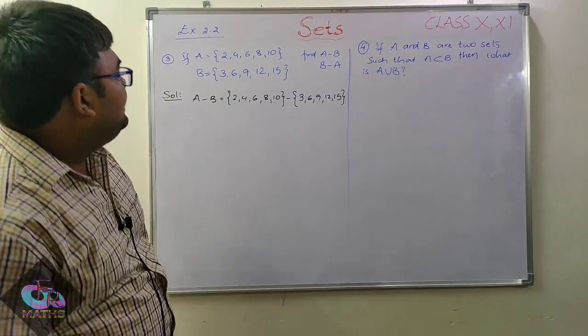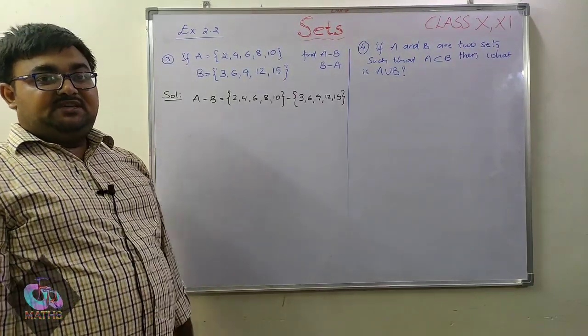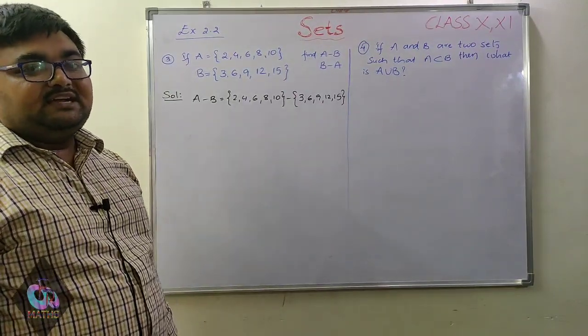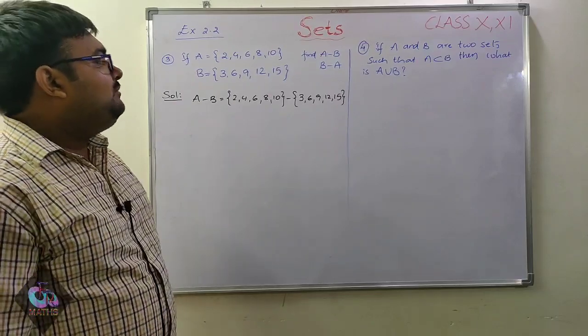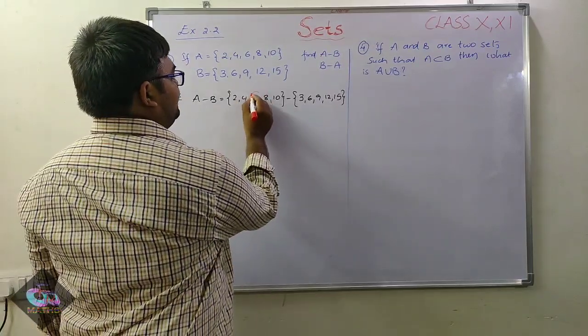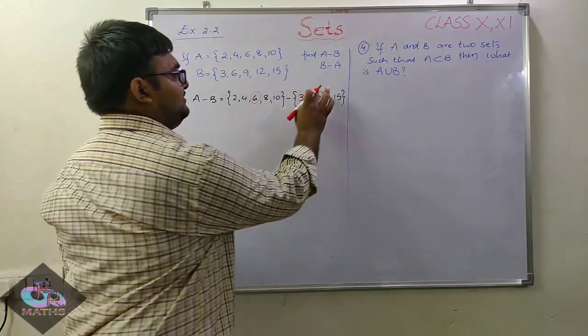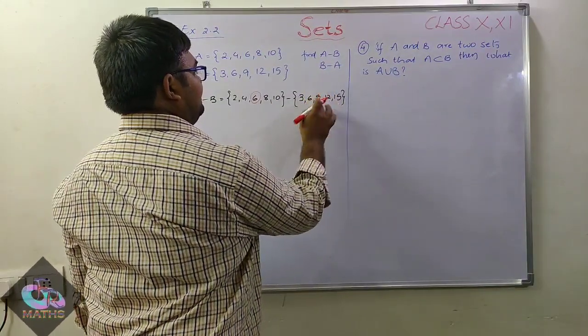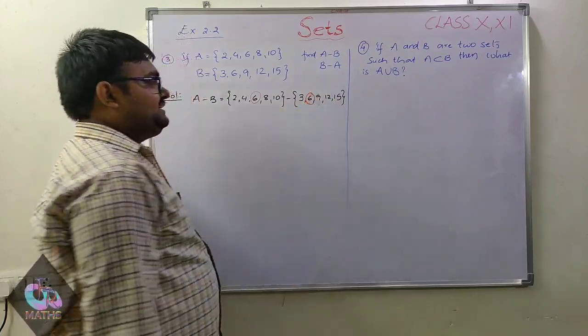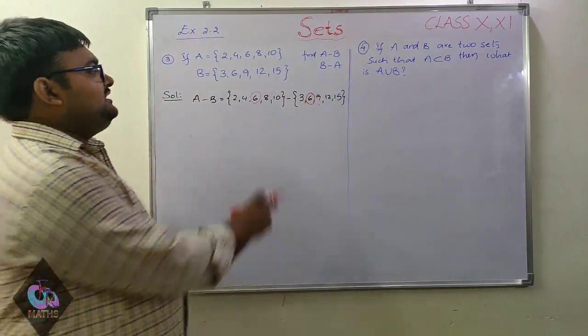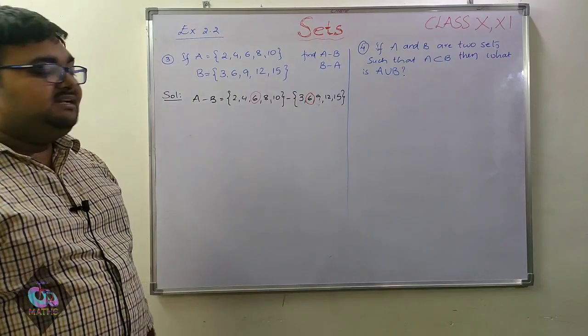Now to find A minus B, first of all we need to round up the common elements. What are the common elements we have? The only common element in both the sets is 6, right? Other than 6 there is no common element.